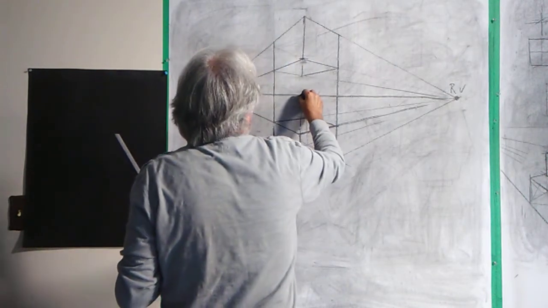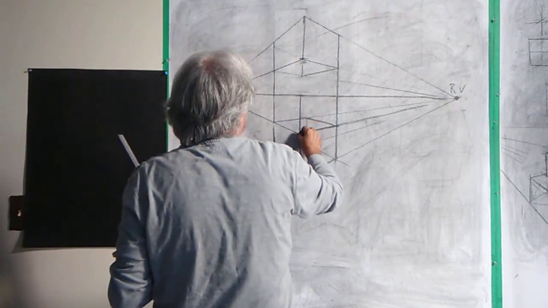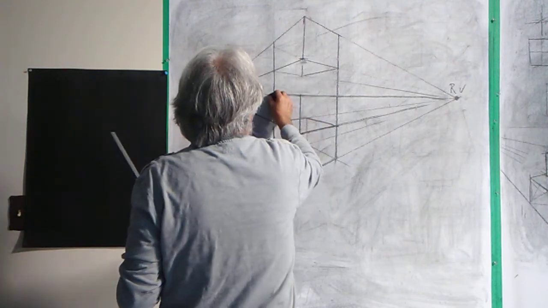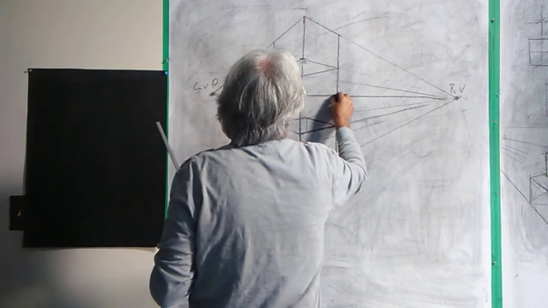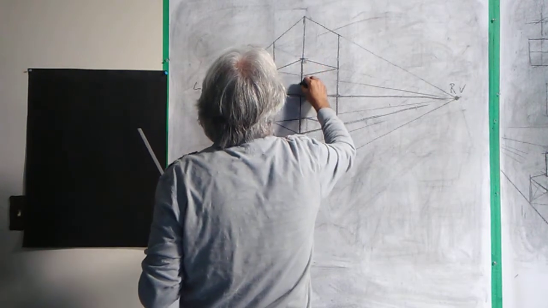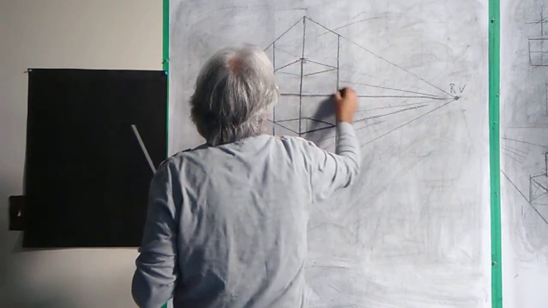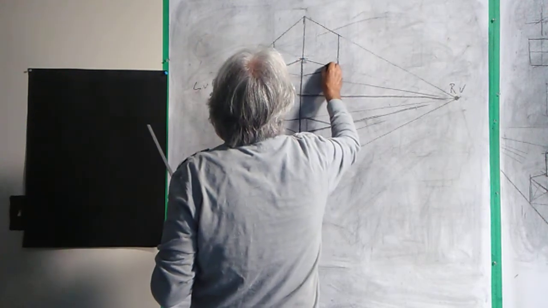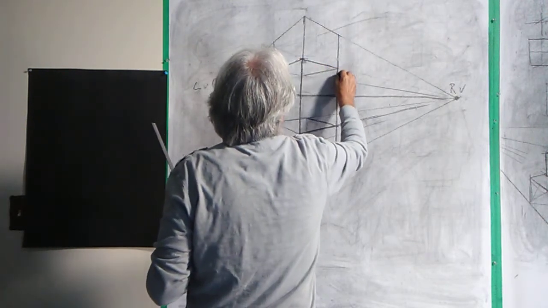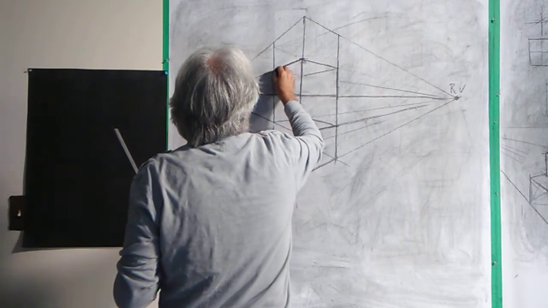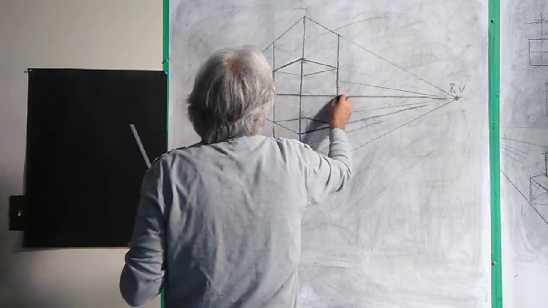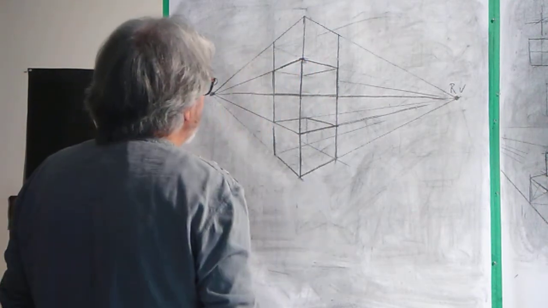This now, I'm going to strengthen this line. This is the middle box. And this one, I'm going to strengthen this line. And this is our other box. And there's all of our boxes together.